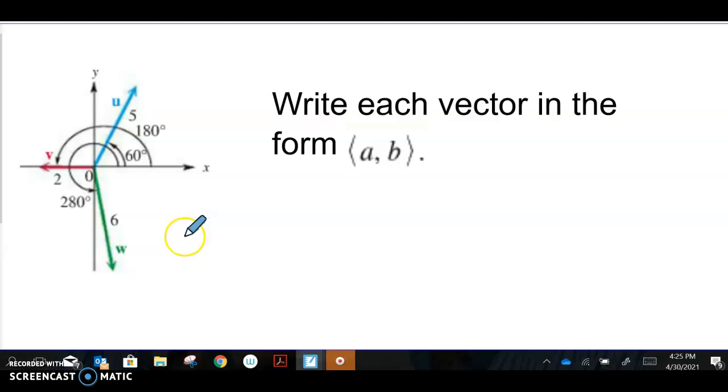Let's go the other way. Let's say we have the vector drawn. Is there a way that you would be able to write each vector in the form <a, b>? It's not going to have the triangle drawn.